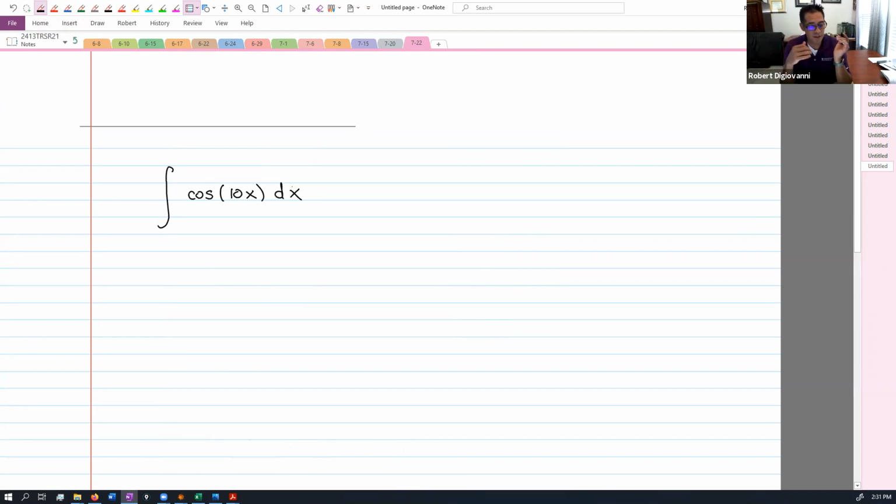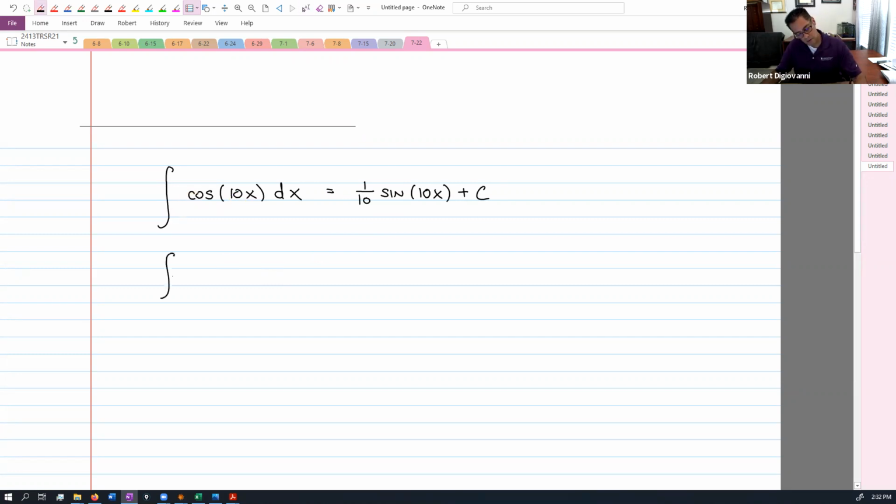And so we know we would have to scale this by 1/10, right? So this should turn out to be 1/10 sine of 10x plus c, just from what we did in the previous problem. So I think what Cody's asking is, is he seeing a pattern here? Will this work for cosine of any number times x? And the answer is yes, it will.